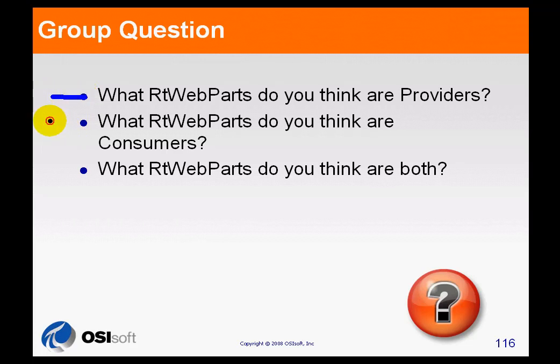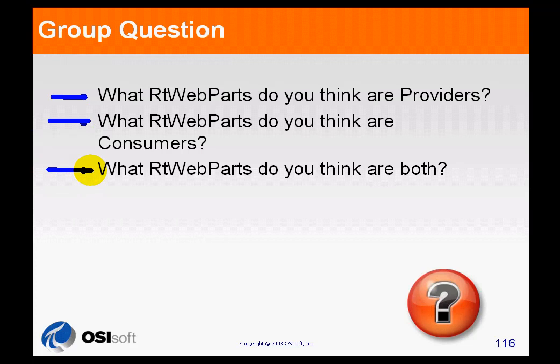Okay, another question. What RT web parts do you think would be consumers? Well, that would be those things that rely on start times and end times. So things like the RT graphic, RT gauge, the RT time series, RT trend, for example. All those things would be consumers of these connections.